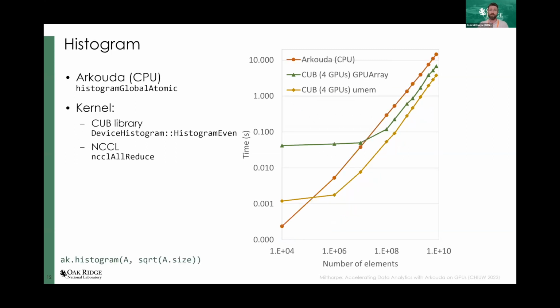When we look at more complex operations, for example, a histogram, we start to see some benefit from the GPU. So including the cost of transfer for large enough data, we still come out ahead with the GPU implementations. Now you'll notice that the unified memory implementation is significantly faster than the implementation with GPU array using explicit memory transfer.